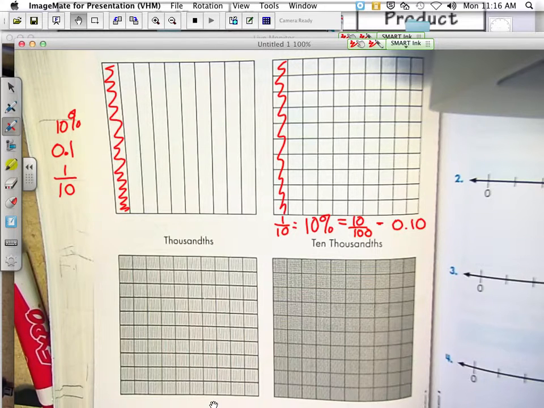Do you agree that both of these are the exact same size garden? Did you shade the same amount in the garden? So would we say that all of these numbers here are equivalent to all of these numbers here? Well, of course. How many hundredths is equal to a tenth? How many of those 100 squares does it take to equal 1/10?